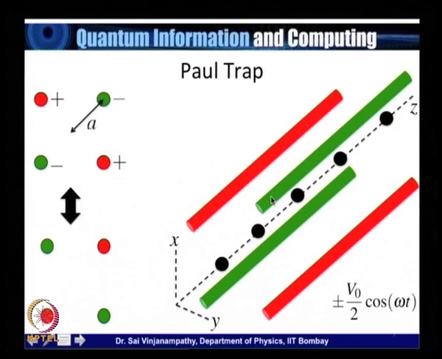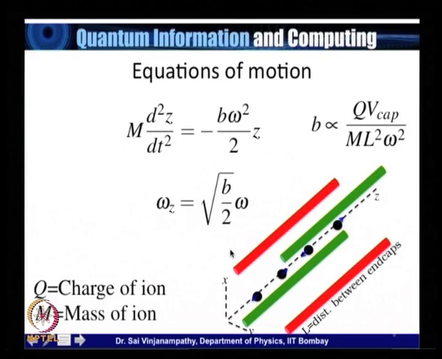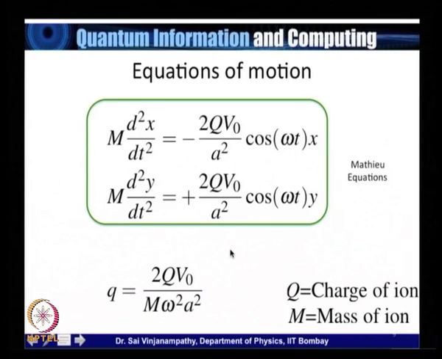So this ion and this rod. So along this direction, which is in the xy plane, that's the distance a. These equations can also be solved, but let me actually show you a picture of what is happening.